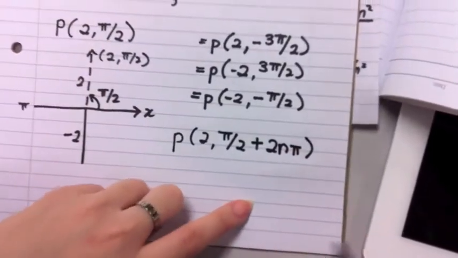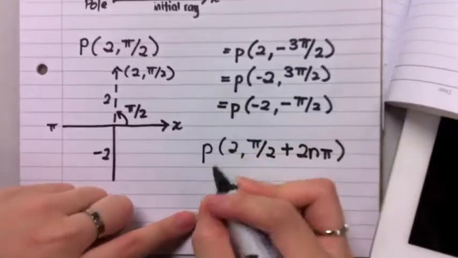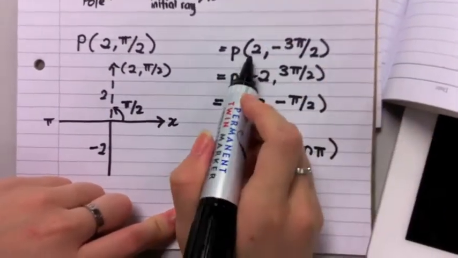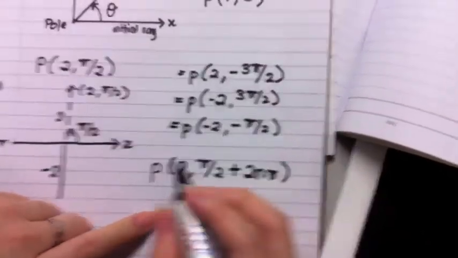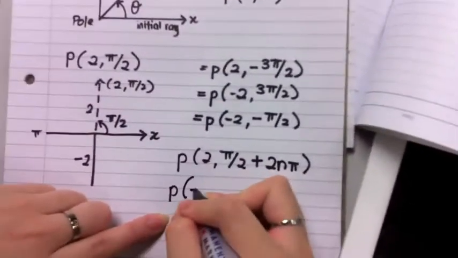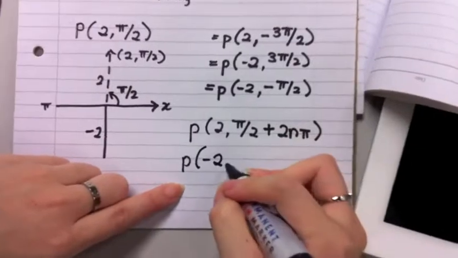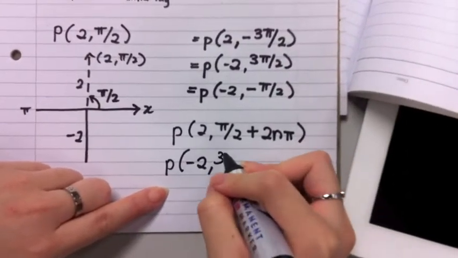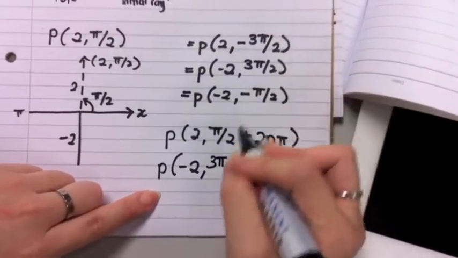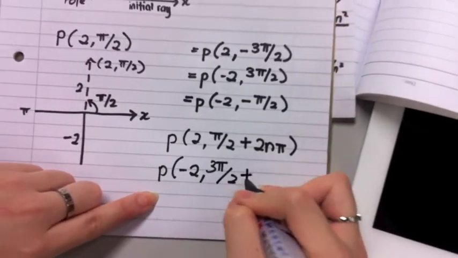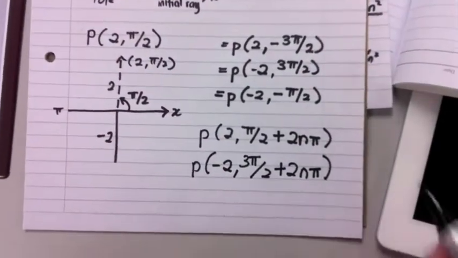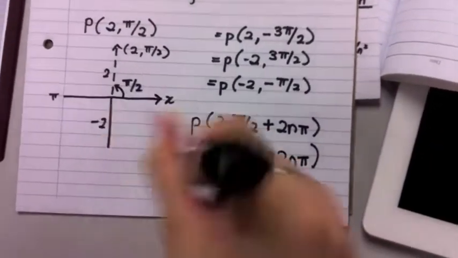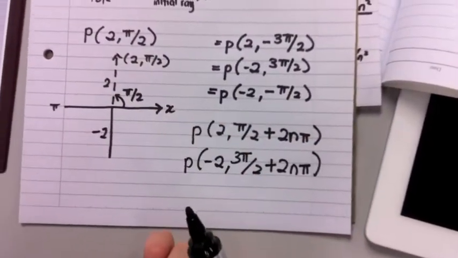This is the general equation that satisfies these two. For r equals negative 2, again whichever theta is positive, it's 3 pi over 2 plus 2n pi. These are the two general equations that satisfy all the polar coordinates.